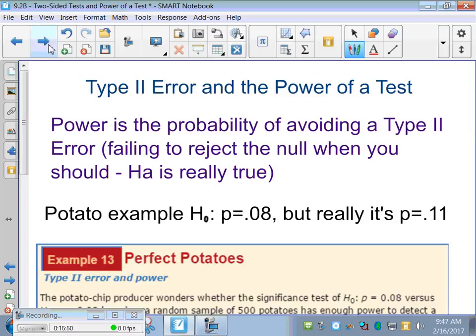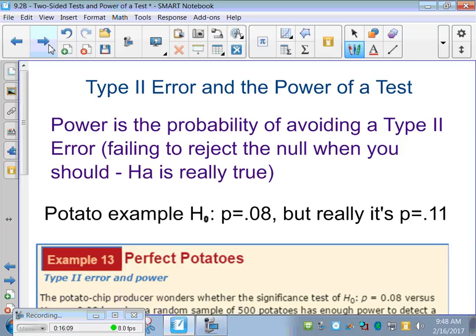That's it for that. All right, type 2 errors. So this is important. Try to pay attention here. Write down the definition of power. You need to remember what power is.